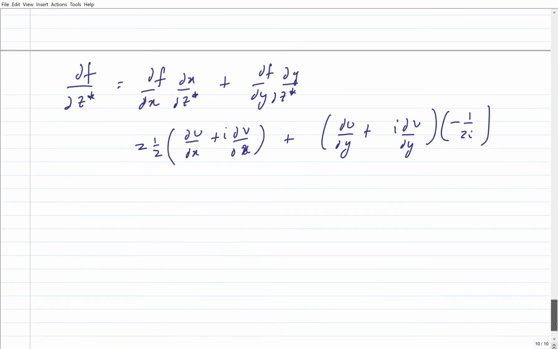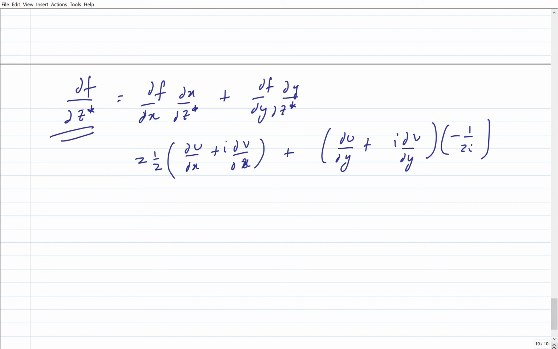But notice, for the partial derivative with respect to z star, the complex conjugate, to disappear, these guys have to be 0 simultaneously, but these are nothing but exactly the Cauchy-Riemann conditions, which were the conditions for the analyticity of the function.